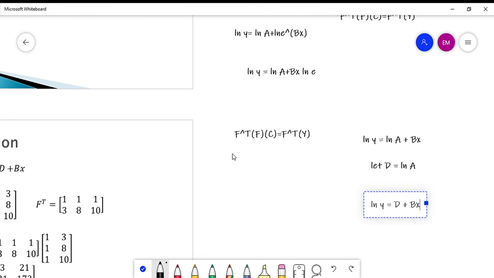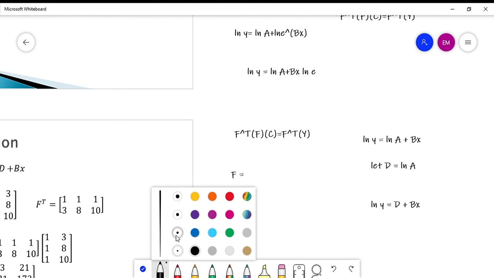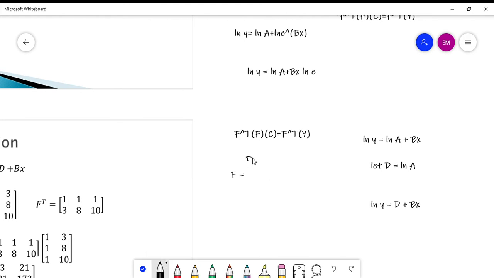Tapos, following the given formula, so finding F, this is a matrix. Your F are composed of kaning x values. So, we have kani siya is for the d. Tapos, ang kaning isa is for the b.